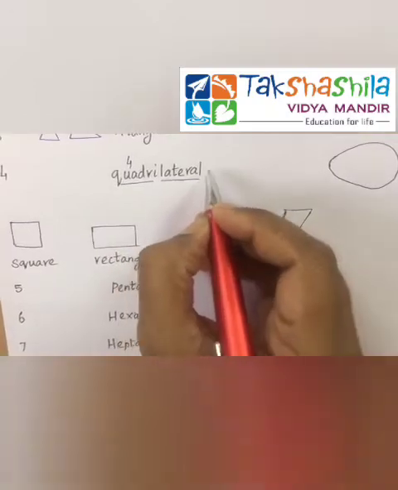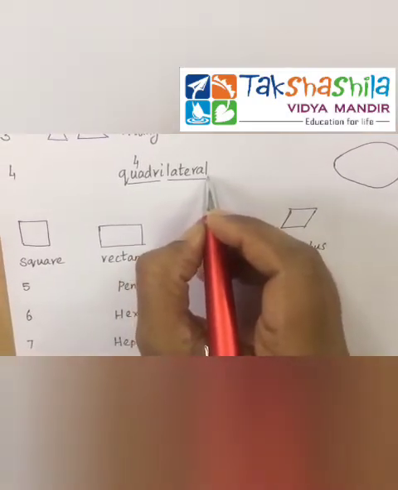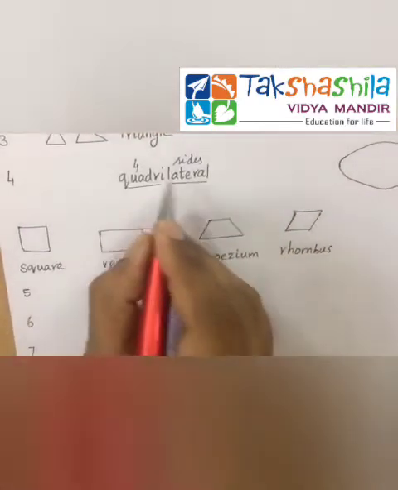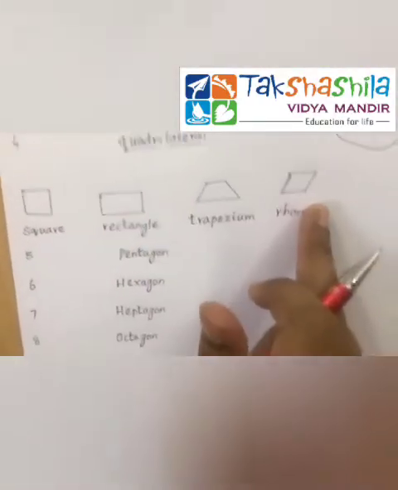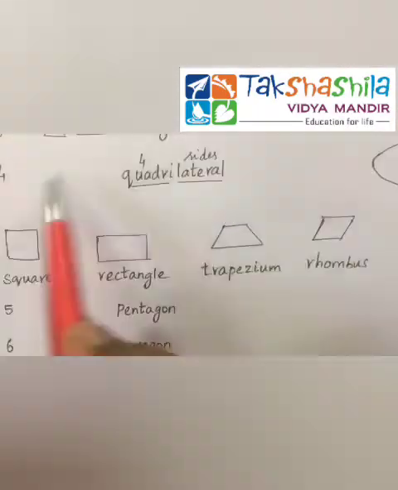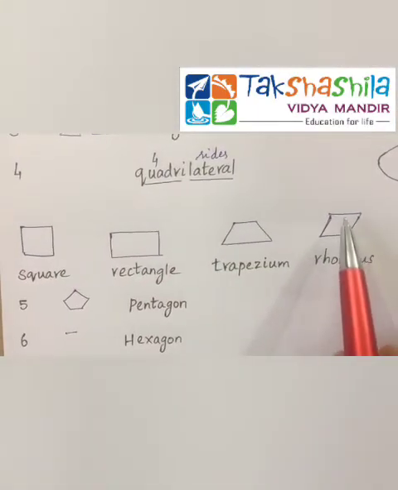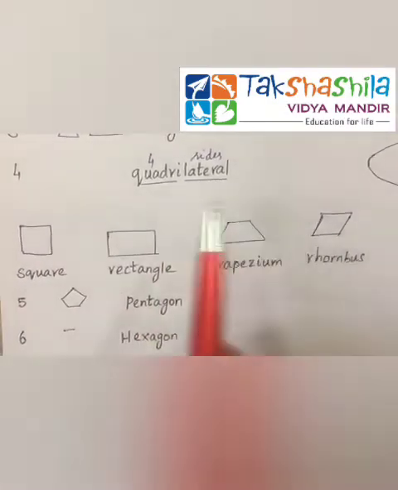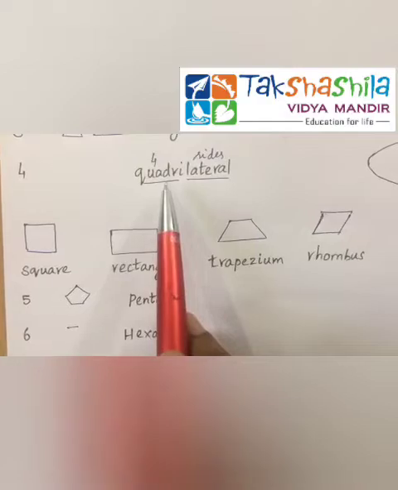Lateral is from the Greek word lateralis, which means sides. So four sides. All these shapes made of four straight lines are called quadrilaterals. They come under the quadrilateral family.